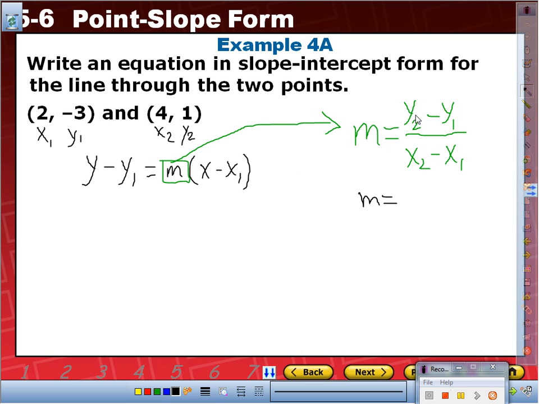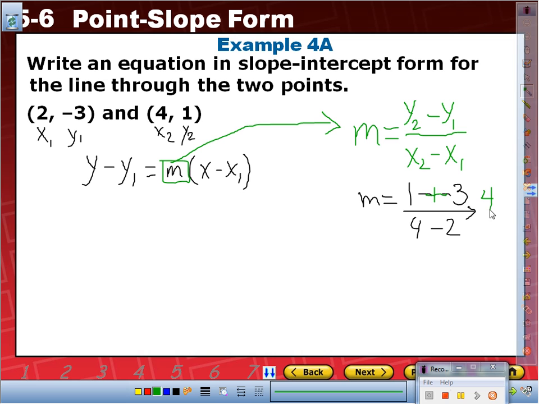Okay, so let's find our slope. What is y sub 2? 1 minus, what is y sub 1? Negative 3. Don't forget to write the negative also in front of it. Over x sub 2 is 4 minus x sub 1 is 2. Negative times a negative becomes a positive.